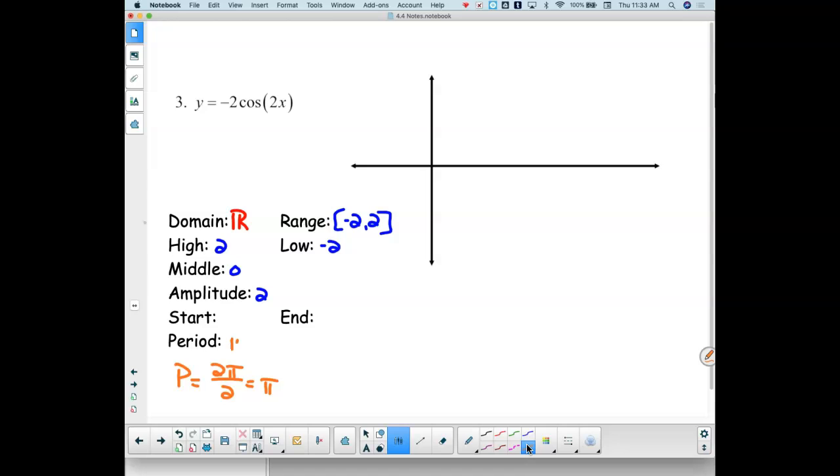I get a period of pi, so I'm starting at 0, ending at pi.